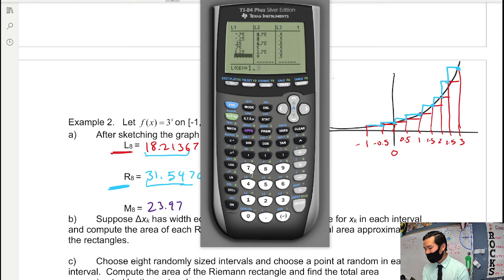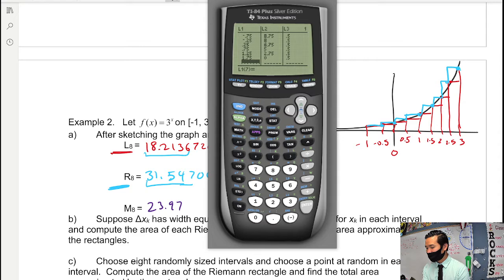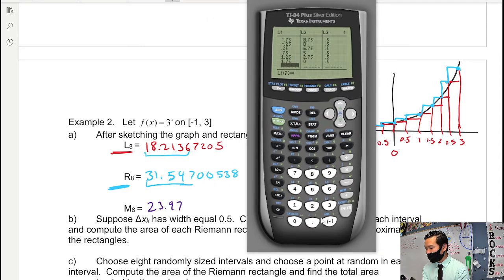Can you move the calculator a little bit, please? Thank you. 2.25, and then 2.75, not 2.275. Did you get these values, 2.25 and 2.75?